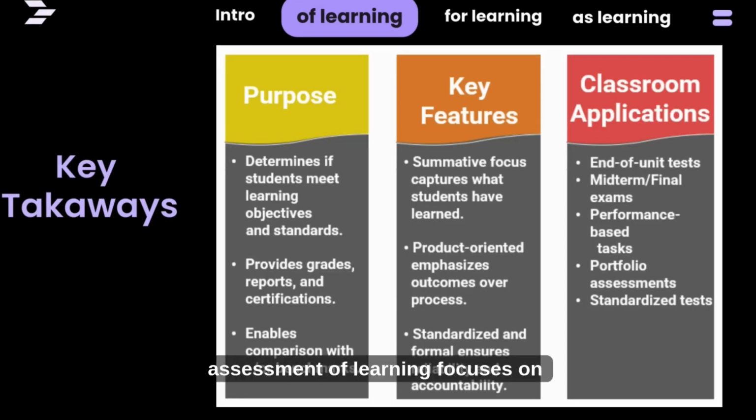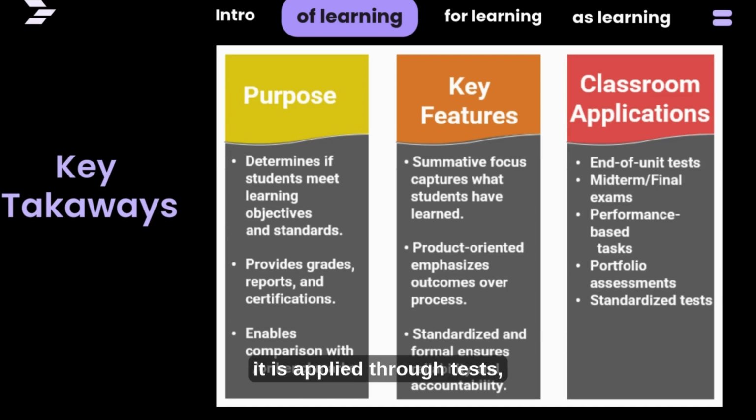To wrap up, assessment of learning focuses on measuring what students have achieved. Its purpose is to check if learning objectives are met, provide grades and certifications, and enable comparisons with benchmarks. Its key features are outcome focused, standardized, and emphasize reliability and accountability.